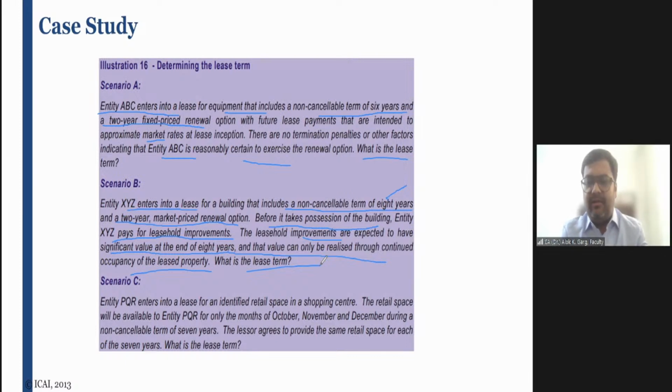If you will be in the place of lessee, what you will do? You're right, Aksha. It is 10 years. Optional renewal period of 2 years has to be considered because there is a reasonable certainty that the lessee will exercise the option.